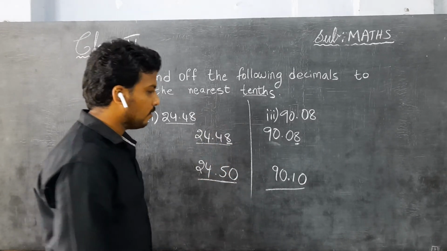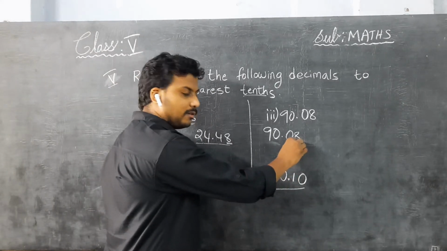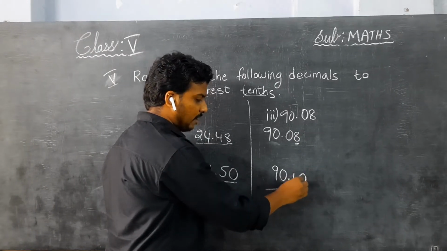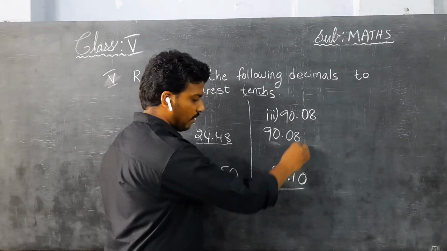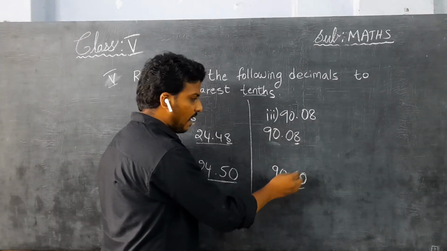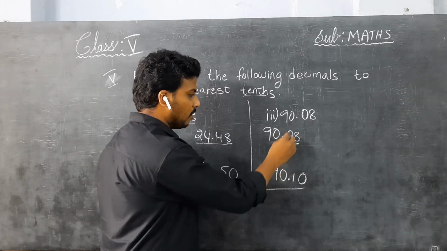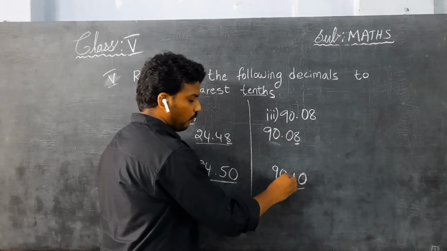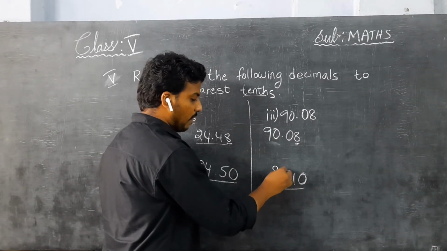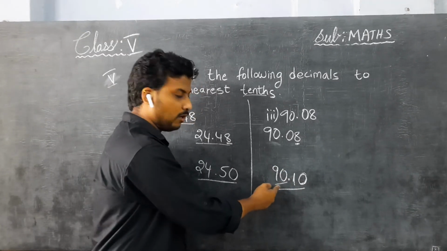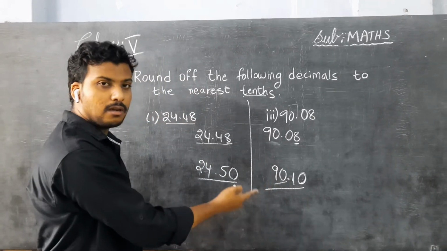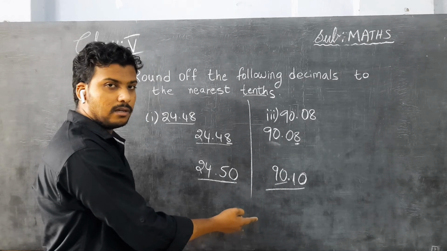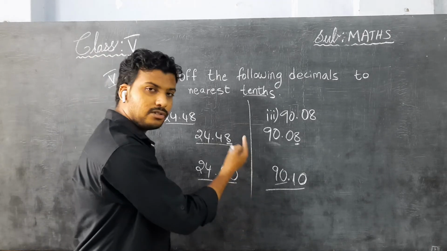So we write 0 in the place of 8, and 1 is added to the next tens place. Before the decimal point, the value 90 will not change, it remains constant. Okay children, it does not change.